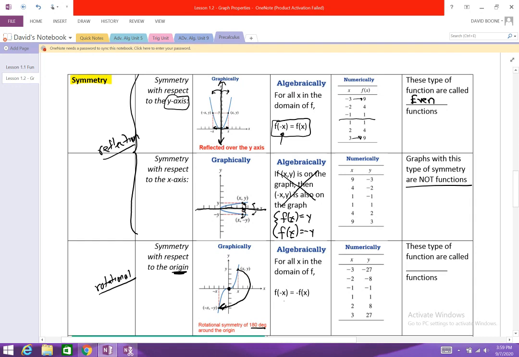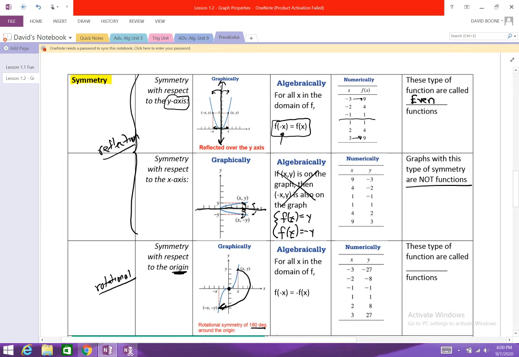Again, algebraically, what we look for is that when I put a negative x value in, I'll get this negative y value. But what it also means is if I put that negative x value in, I'll get the opposite of what the original function is.